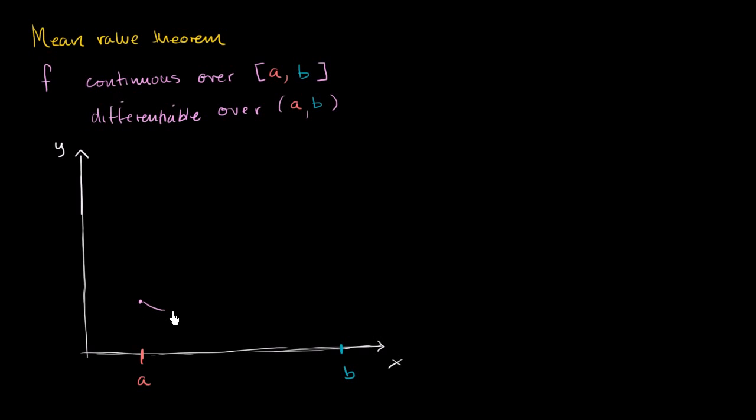Let's draw an arbitrary function right over here. So this point right over here, the x value is a, and the y value is f of a. This point right over here, the x value is b, and the y value, of course, is f of b.